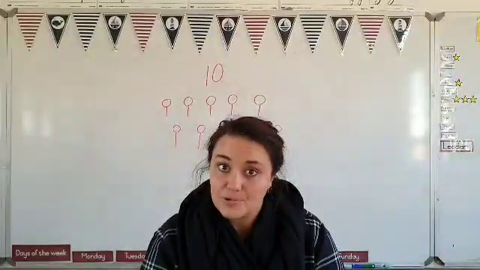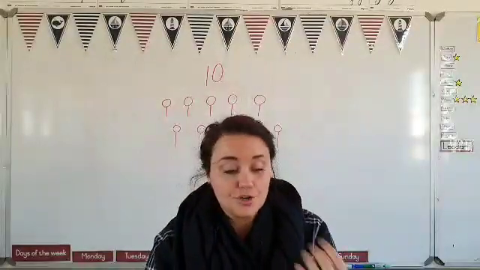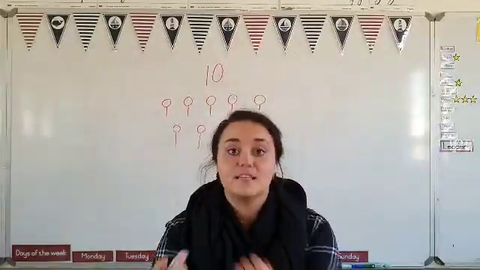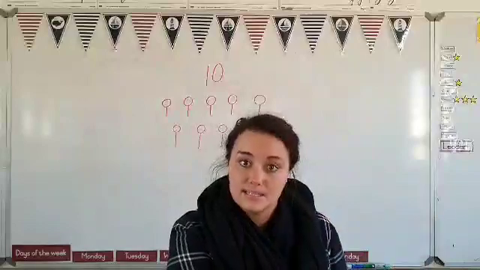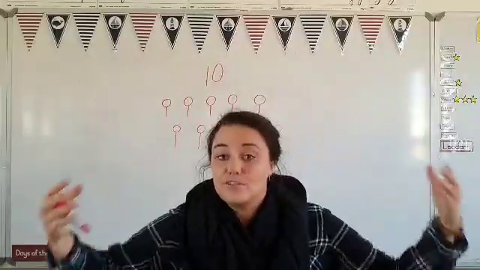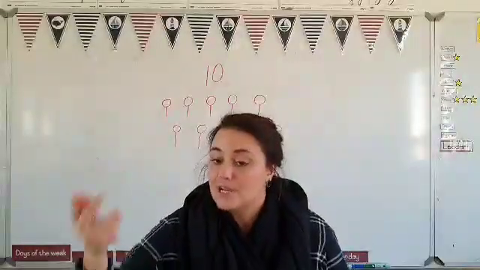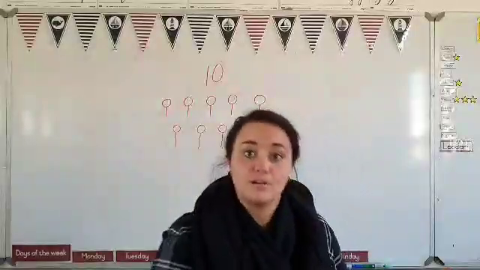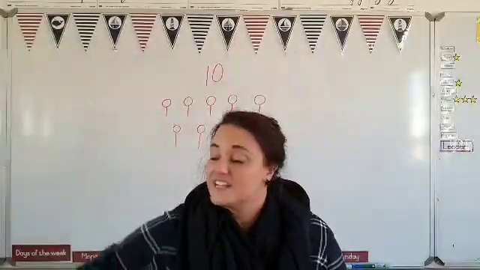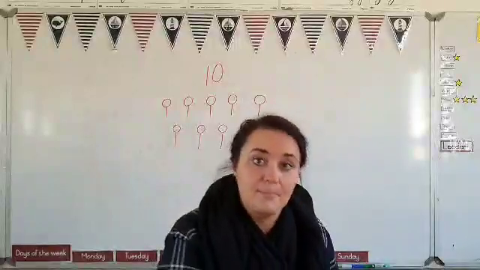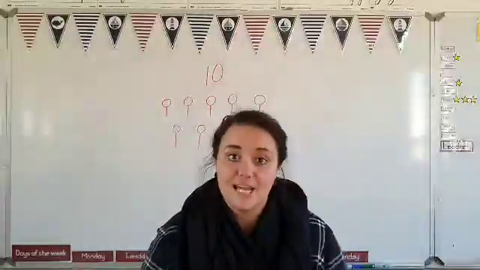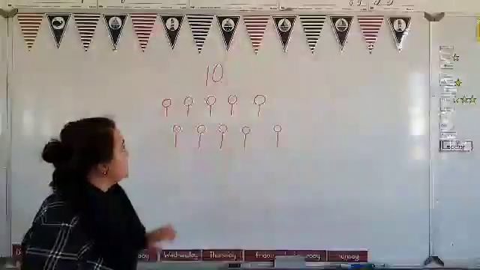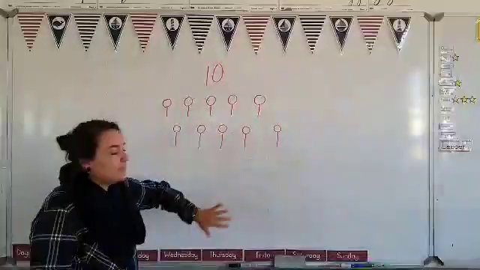That means each group has to have the same amount inside. When we have 3 friends, we must make sure that each friend has the same amount of lollipops. When we have 5 friends, each friend has to have the same amount. Then we know we did good division. So here, 10 lollipops.